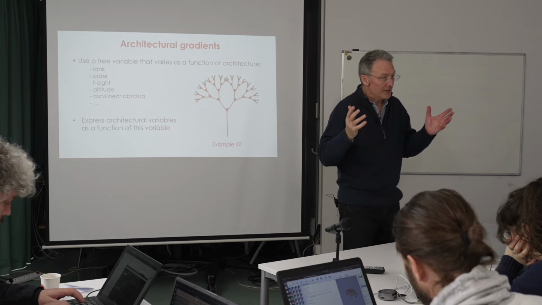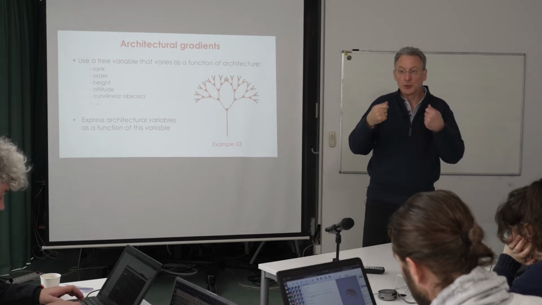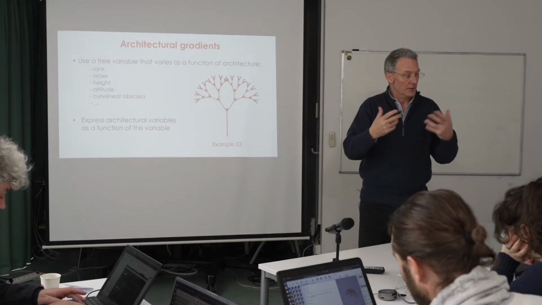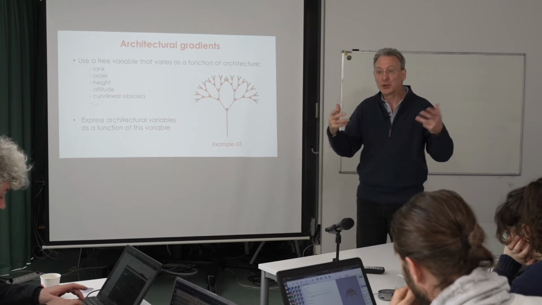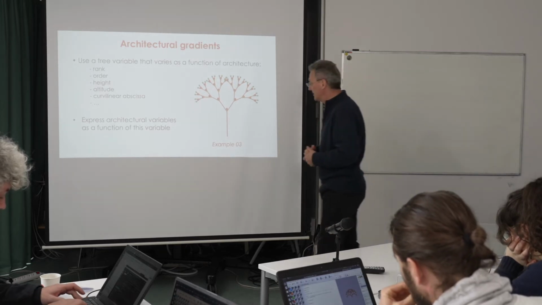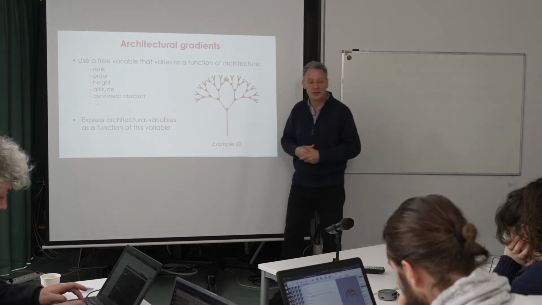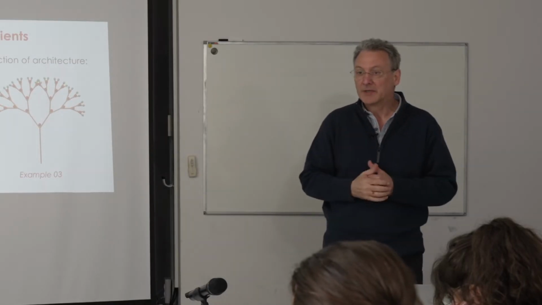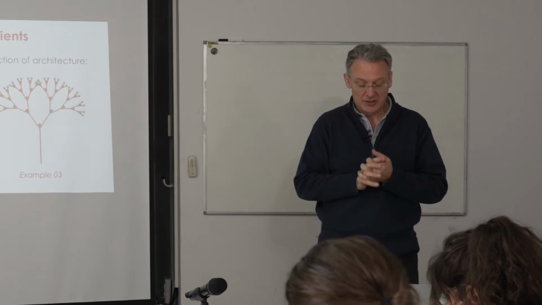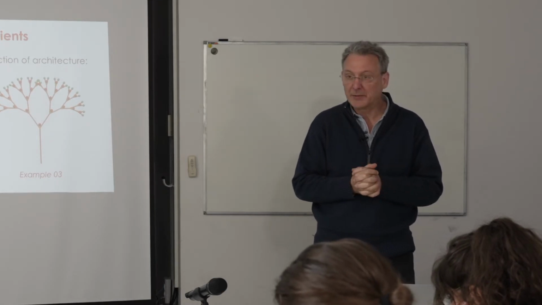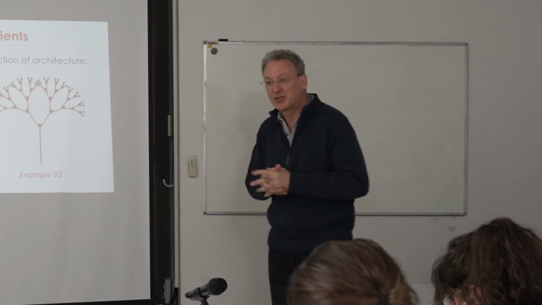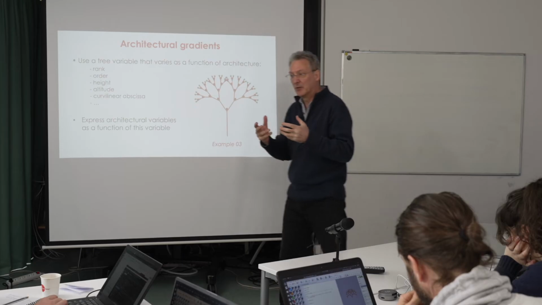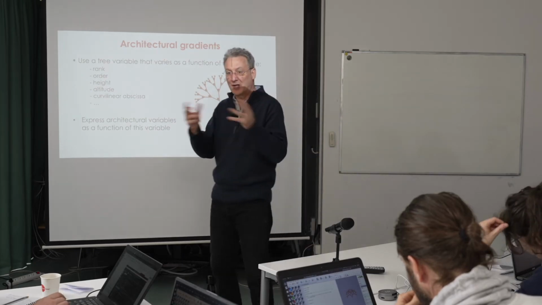So you can imagine many things in order to control what is a gradient and what should vary with the gradient. And look, I think this is kind of an interesting example, because you will see that if you change parameters, the plant shape, what it looks like, will drastically change.